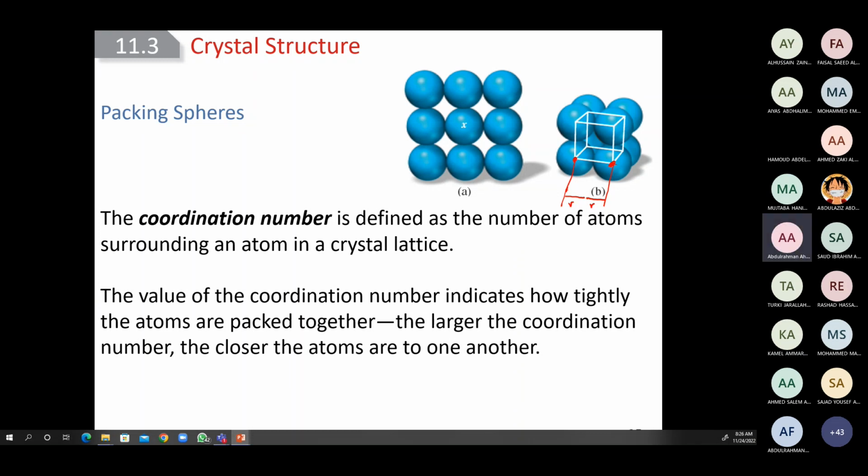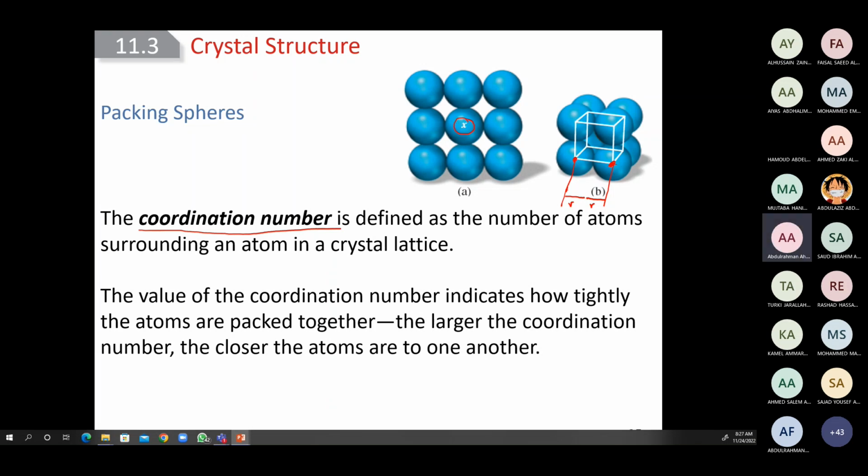Okay, good. Next, I want to define what coordination number is. What's the meaning of coordination number? It is the number of atoms around the main atom. How many atoms are around X? 9? Count them. There are 8 atoms. X is number 9, but actually there are 8 atoms around the atom.